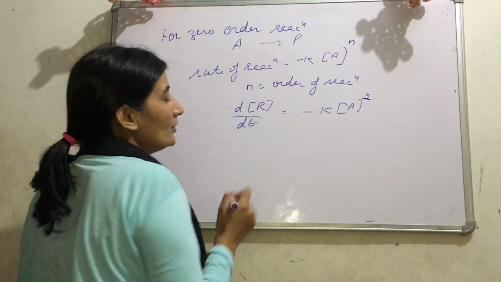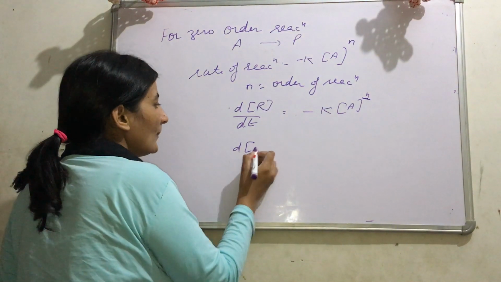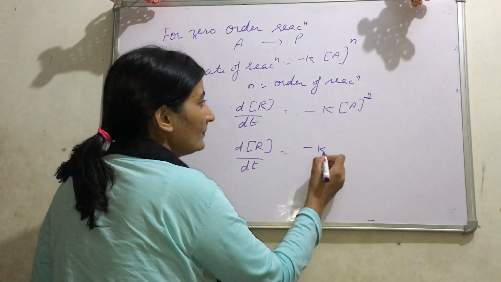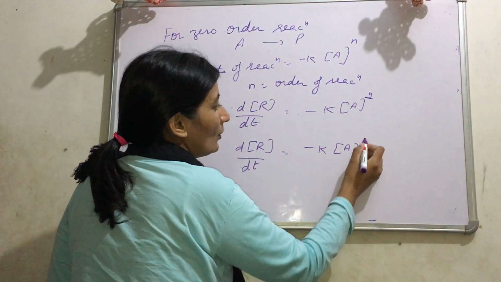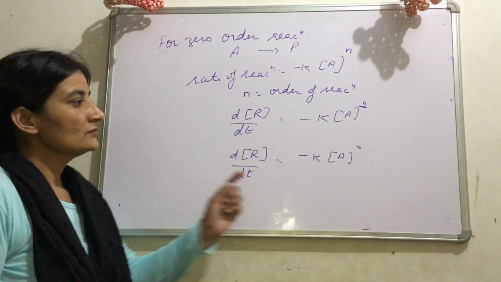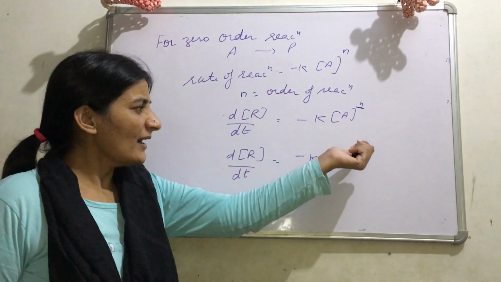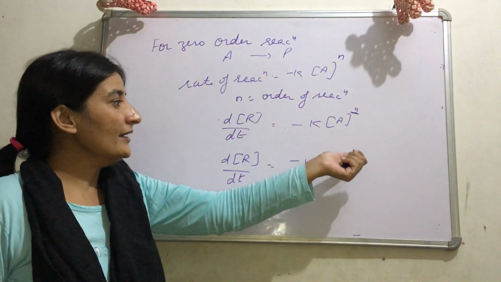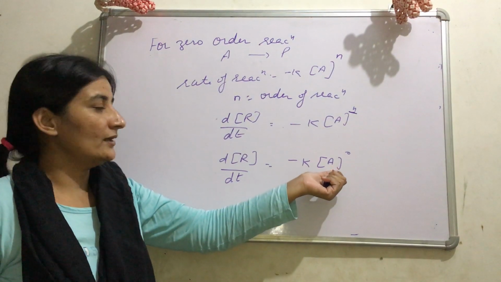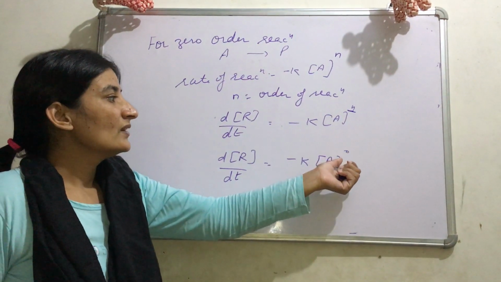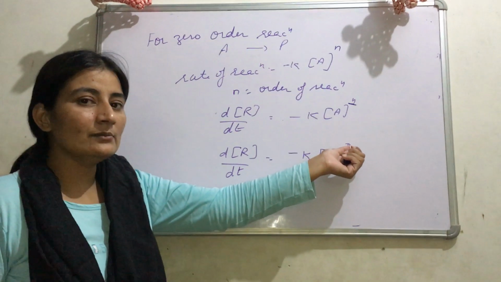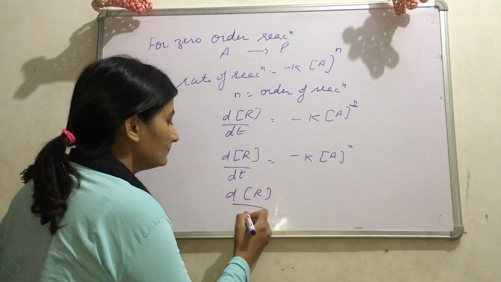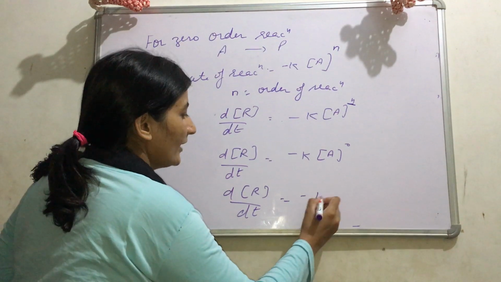So put here 0, then dR by dt is minus K A raised to power 0. Why 0? Because this is a zero order reaction and it is independent of the concentration of reactant. So this power 0 will become 1. This will become dR by dt equal to minus K.